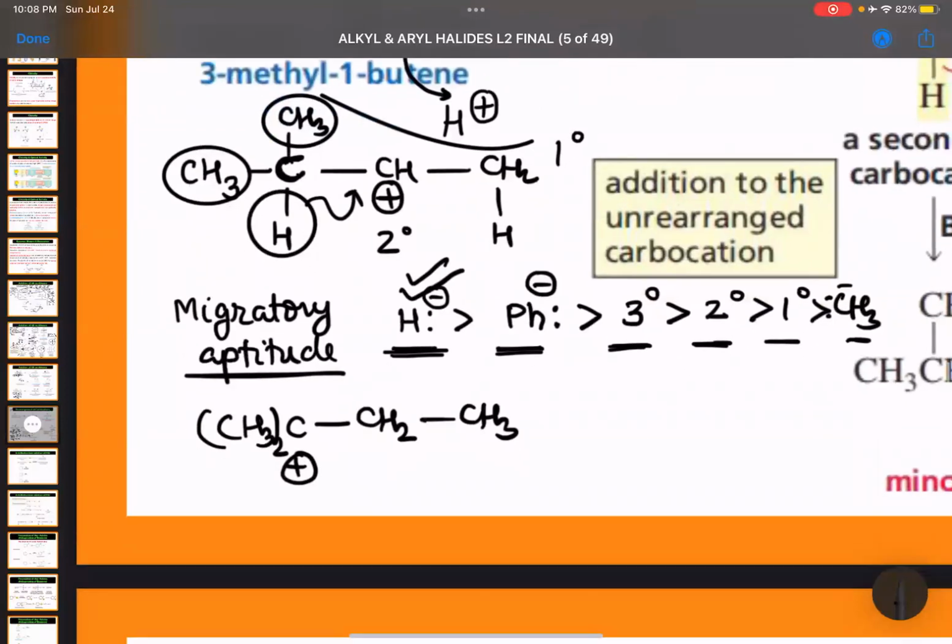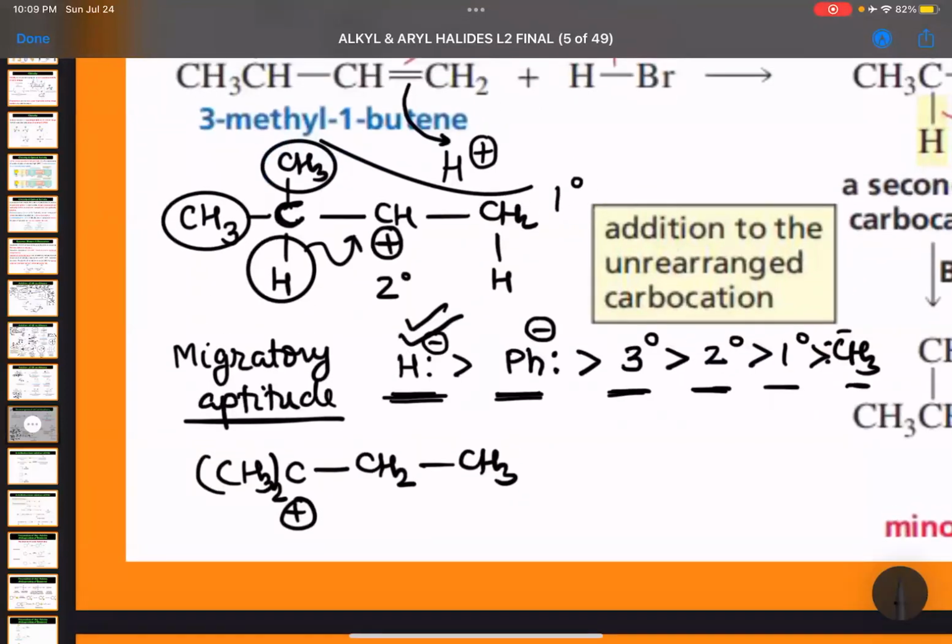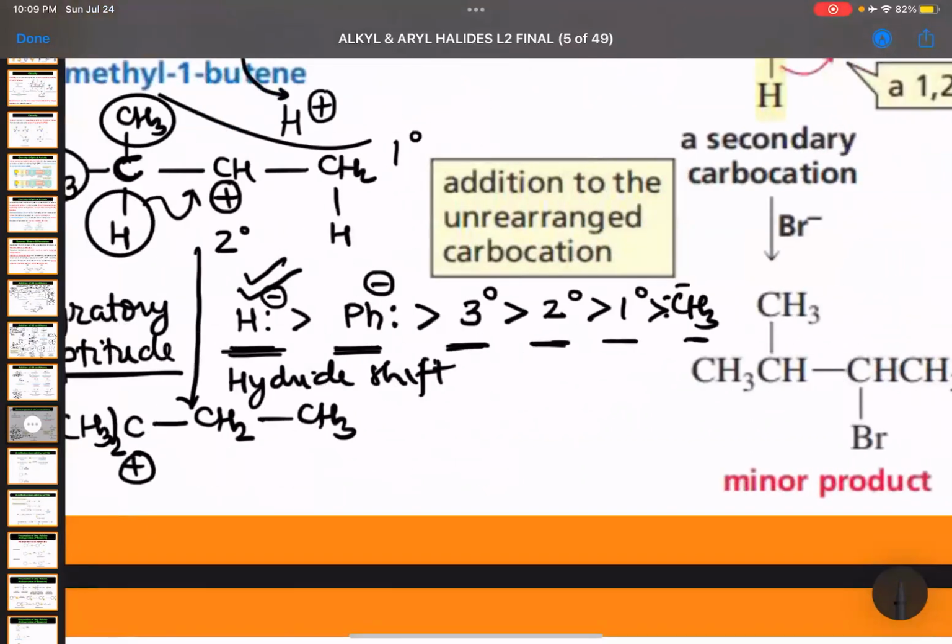This one. This is known as hydride shift. The CH3 can also shift, but not in this case because out of hydride and CH3, the hydride has more migratory aptitude. You need to remember this migratory aptitude also.